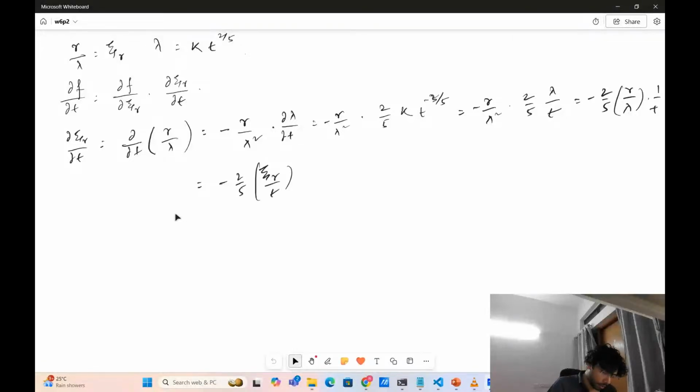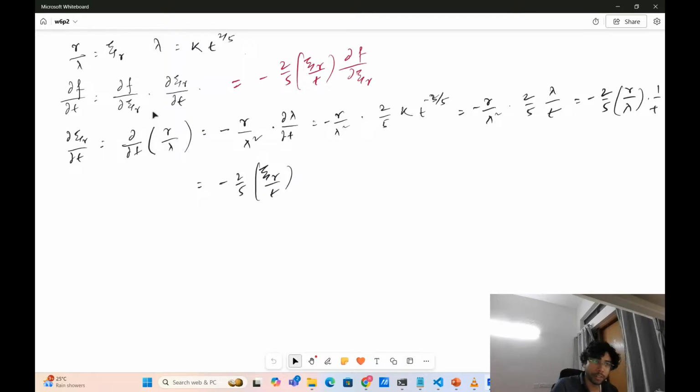So now what we can do is write this equation as minus 2 by 5 psi r by t del f del psi r. Right?